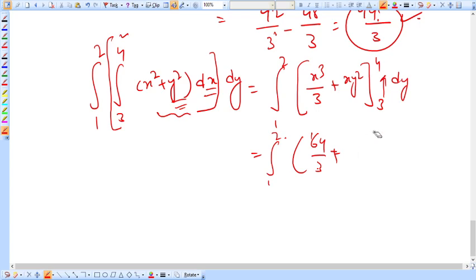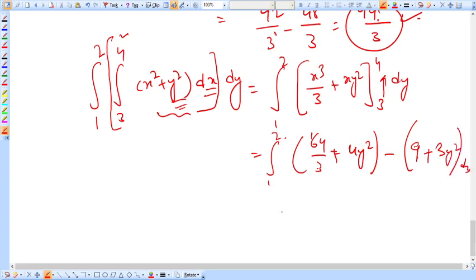Okay, 4y square minus 3 by 3, which is equal to 9 plus, and it is equal to 3y square. Okay, outside dy.